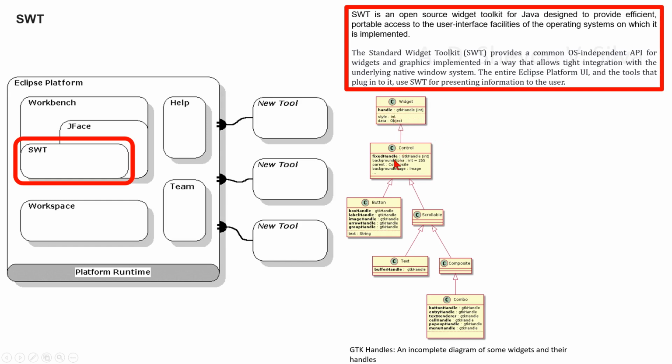Control declares fixed handle, but they never allocate them. This will be allocated further down the widget tree, in individual widgets themselves.